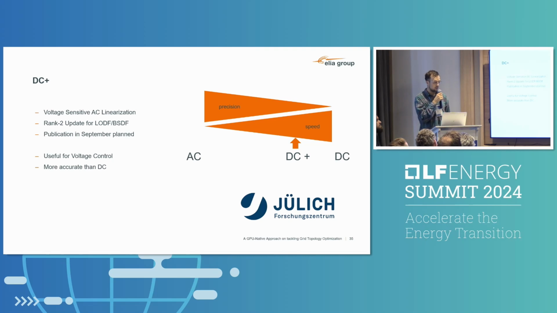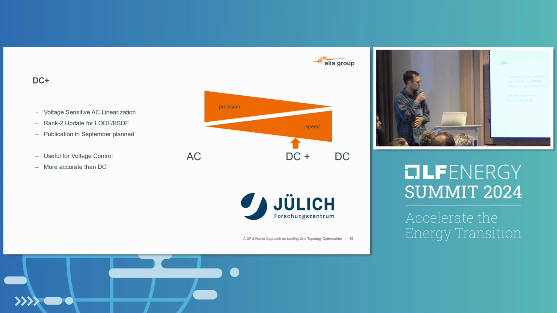And next to it, you have seen already before, we looked at AC and DC, but of course there's also something in between. One of the approaches currently being tackled is to find a new way that is maybe a bit slower but more accurate, and we can also sensibly calculate voltage.